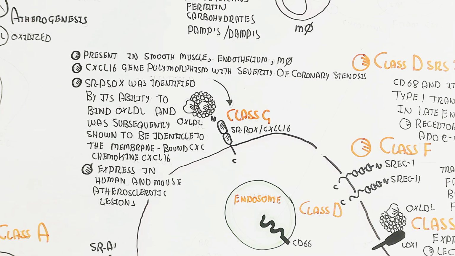Scavenger receptor SR-PSOX was identified by its ability to bind oxidized low density lipoprotein and was subsequently shown to be identical to the membrane-bound CXC chemokine CXCL16, and it is expressed in human and mouse atherosclerotic lesions.